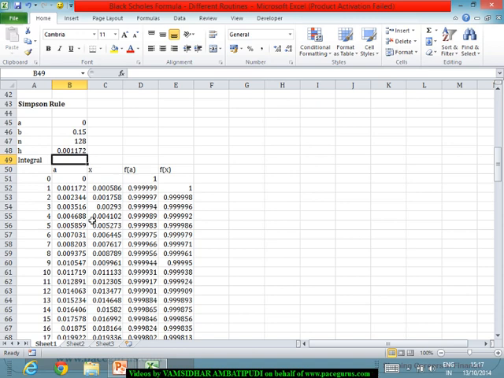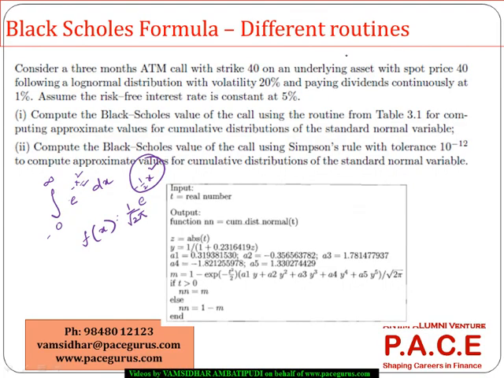If you remember, the calculation is 0.5 plus, from Simpson's rule, 1 by square root of 2 pi times f of a0 plus f of an plus twice the summation of f of a1 to f of an minus 1, plus 4 times the summation of f of x1 to f of xn, and this entire thing multiplied by h by 6.